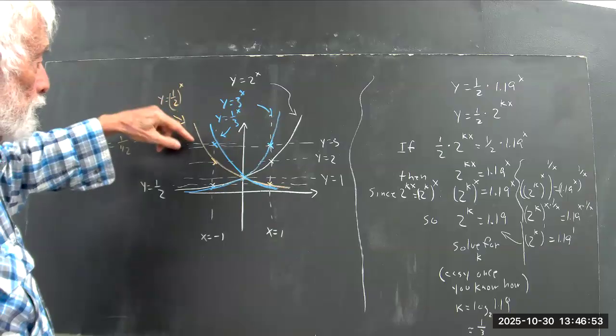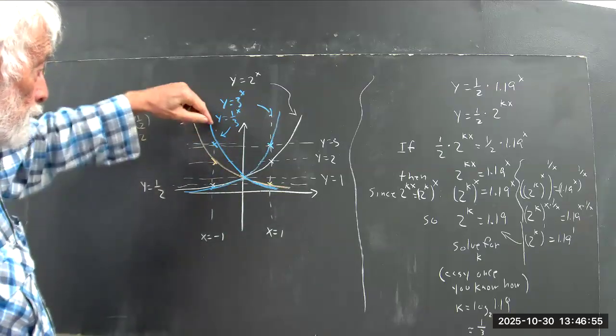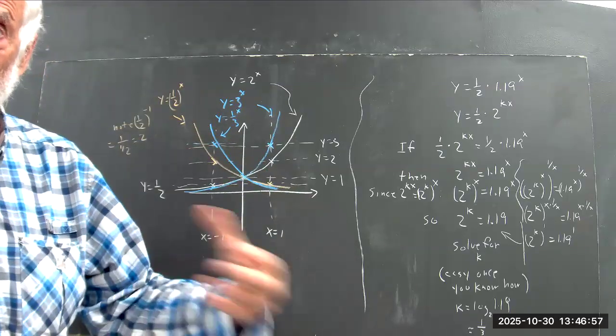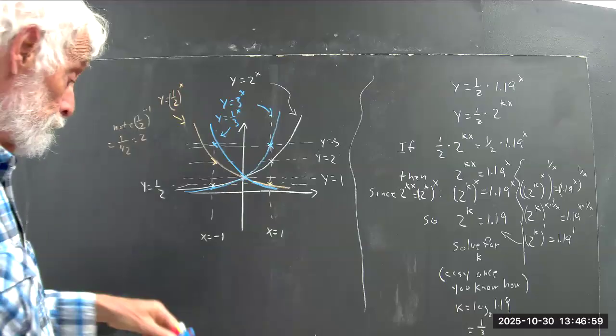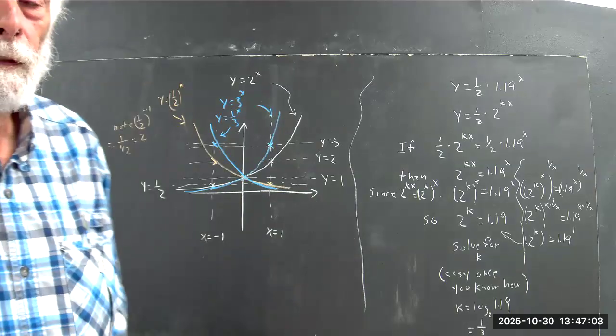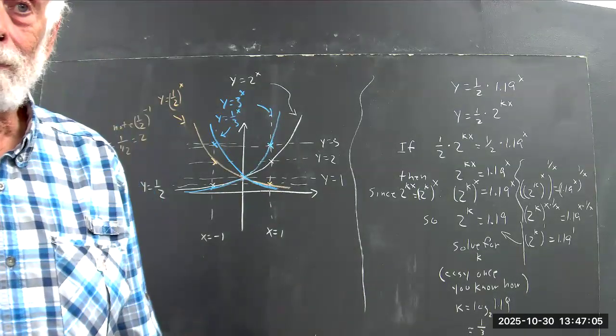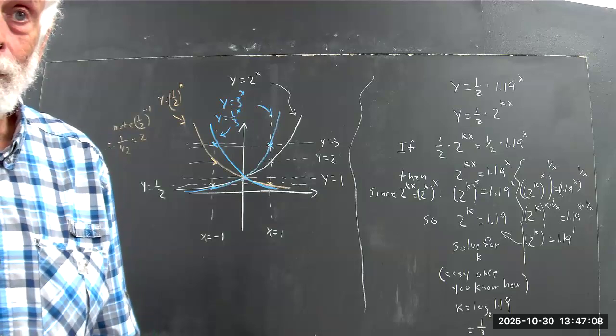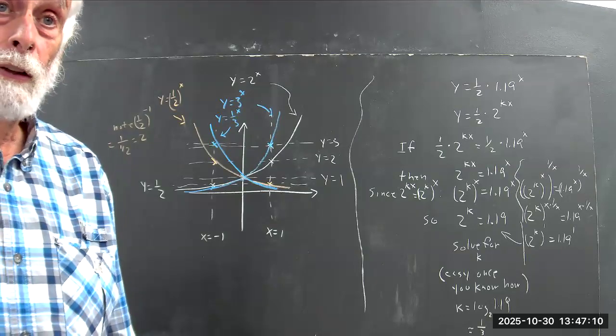This is radioactive decay of one element, this is radioactive decay of another element that decays a little faster. Or one of these curves could model the amount of some medication in your body. Okay, you take a medication.